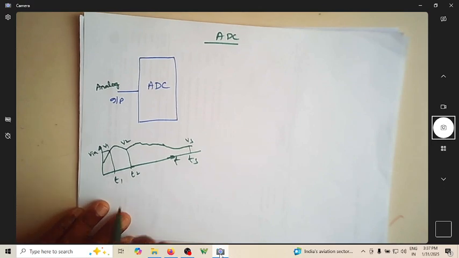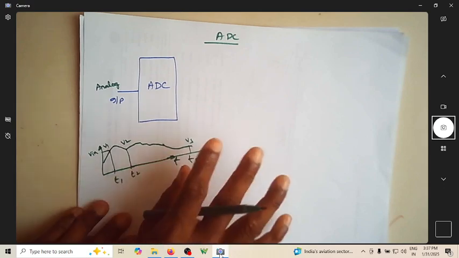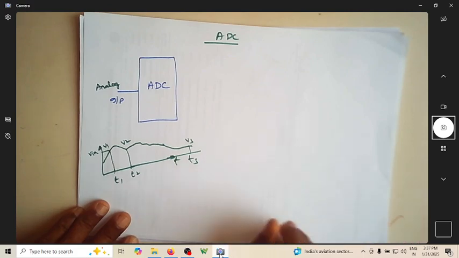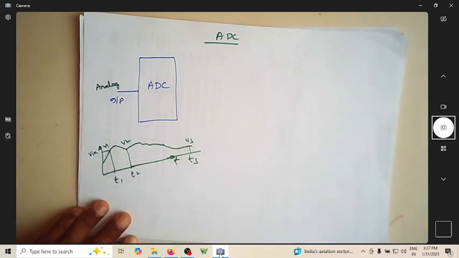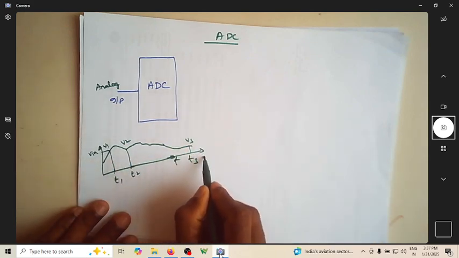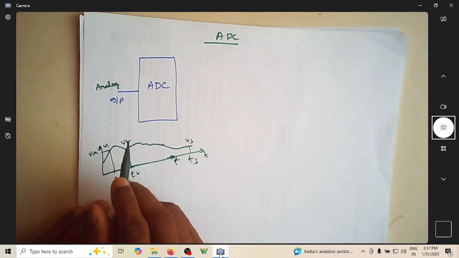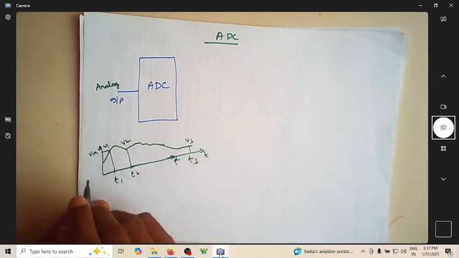Unlike in your DAC, where we are given a digital input of zeros and ones and have to wait until we get the output voltage, here your input voltages keep changing, so you have to say for which input voltage you have to convert, that is, find the digital equivalent of that analog voltage.